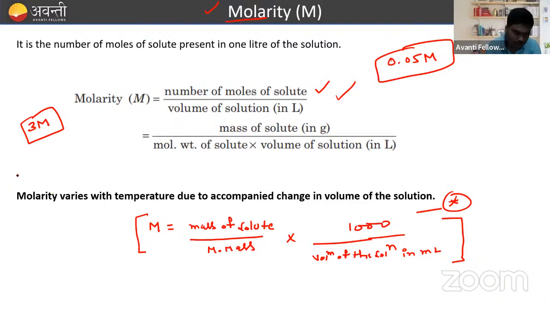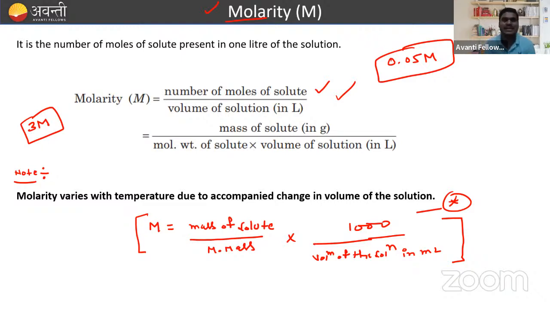Now, one important note here. What is this, beta? The important note is that molarity varies with temperature, because volume comes into the picture here, na? I already told you, whenever volume comes into the picture, it depends upon temperature. Whenever mass comes into the picture, it is independent, because mass of the solvent is totally independent of temperature, right?